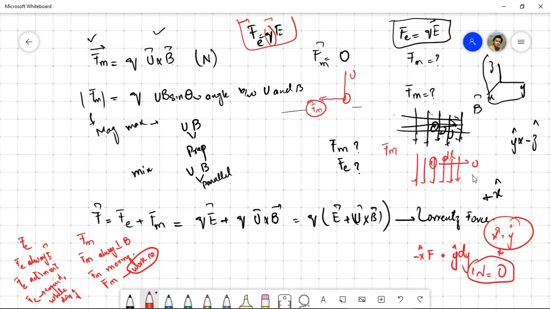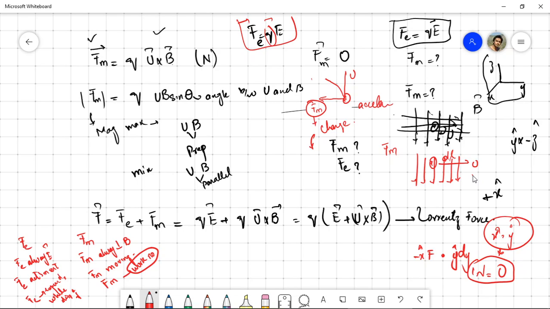All it can do is change its direction. If it was to go this way, under the influence of this magnetic field it will start deviating from its usual path. So all it can do is change the path that it is following while moving, but it cannot do any work, it cannot accelerate or decelerate.